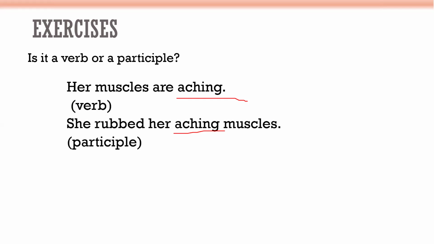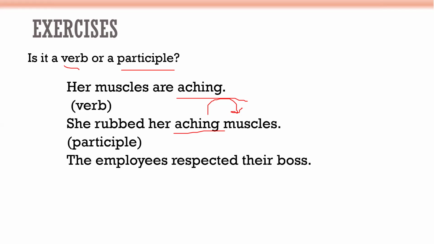So this example can show you exactly the difference between verb and participle. Kung makikita nyo yung participle, it comes before the noun, right? Her muscles are aching. She rubbed her aching muscles. What kind of muscles does she have? Aching. Masakit yung muscles niya. It describes the muscles. But here, naging action word siya. Her muscles are aching. Ibig sabihin, masakit, sumasakit. Okay? So, do you understand?